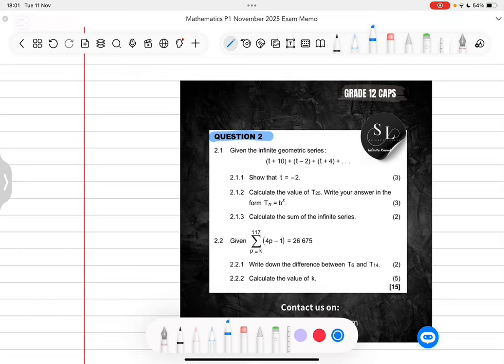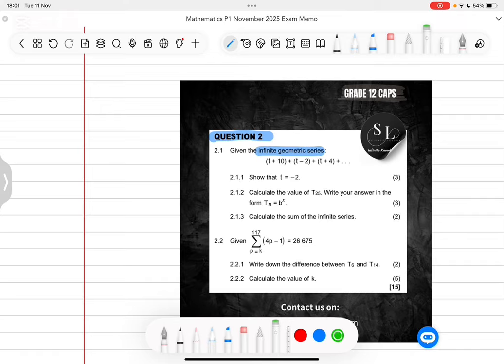Now, when we look at 2.1, we are told that we are given an infinite geometric series. When they say an infinite geometric series, it means it goes on until infinity, it doesn't stop. That's why at the end, after the plus, we have 3 dots to say the terms continue until infinity.